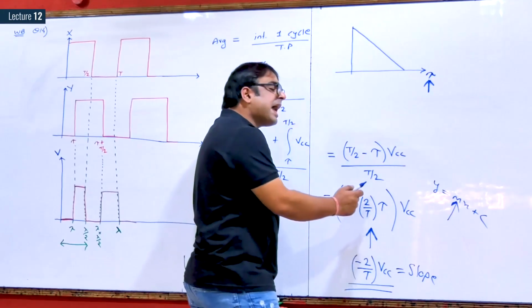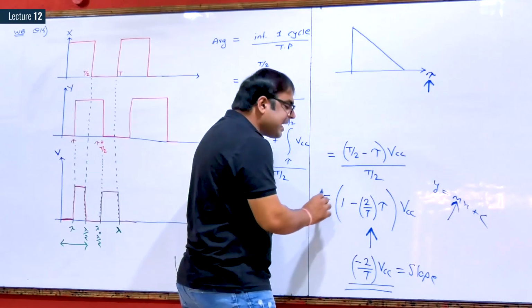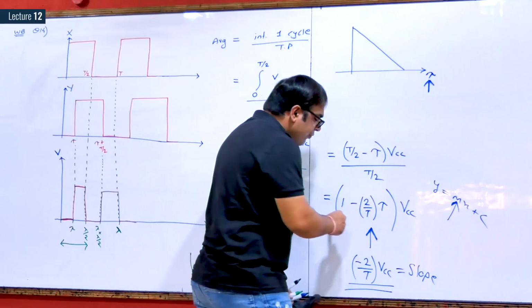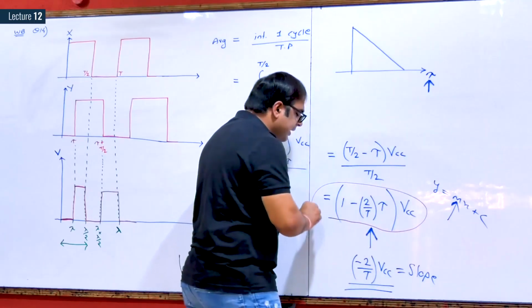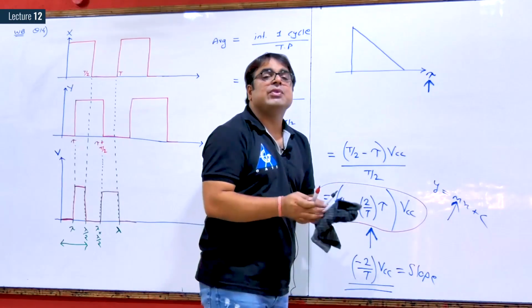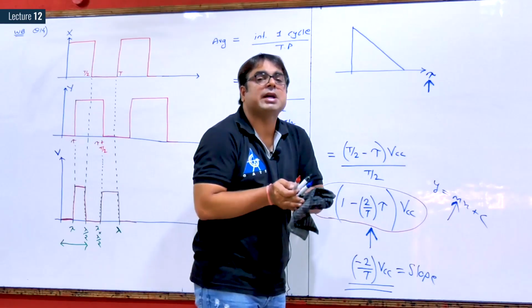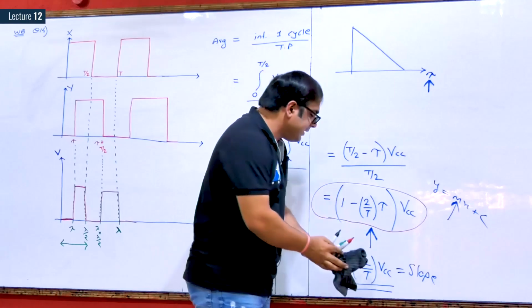So from the average value, we can notice that if we draw the waveform of the average value with respect to tau, the slope will be negative.